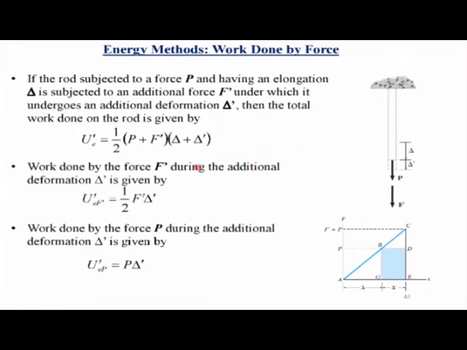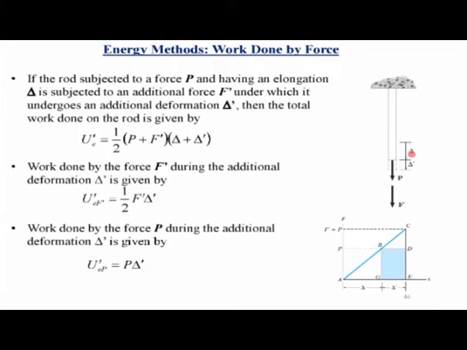Now, in order to understand the concept of virtual work, we'll see what happens if we take that same rod on which a load P has been applied to get a deformation delta, and apply an additional load of F dash, due to which it undergoes an additional deformation delta dash.